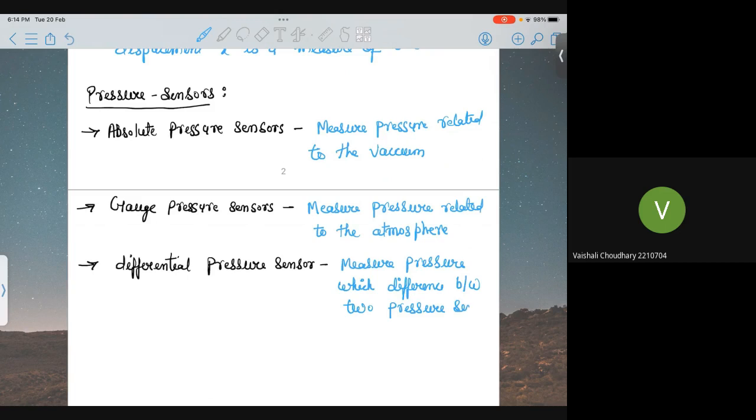As the name indicates, it is a differential pressure sensor. So obviously it will measure a pressure which is the difference between two pressures. Okay, so these are the basic types of pressure sensors.